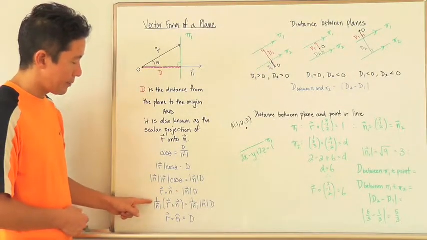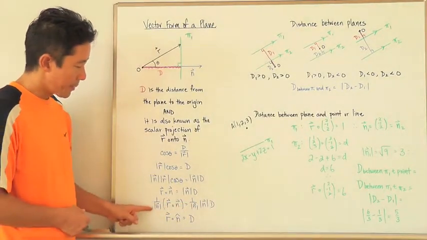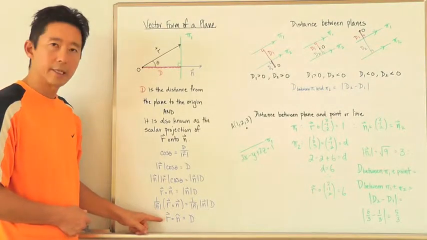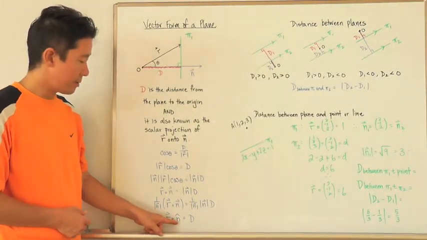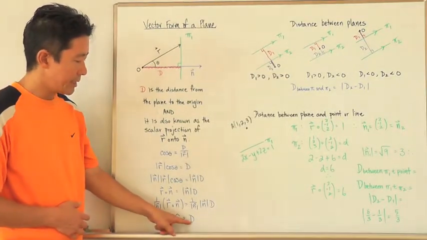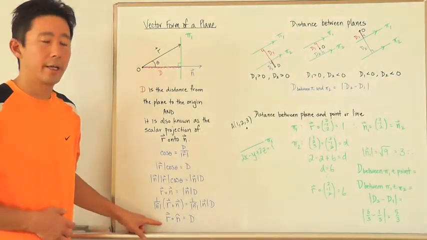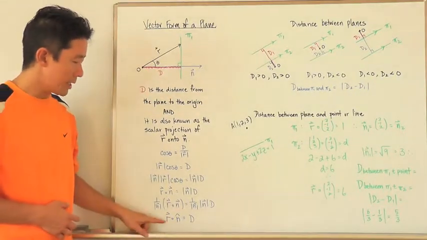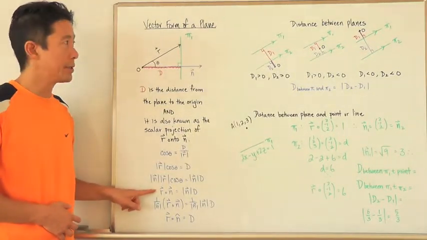Now, if we multiply both sides by 1 over the magnitude of n, on the left-hand side of the equation we come out with r dot n hat, the unit vector form of the normal vector, equaling d. This is a very important form for us, because if we want to apply it to particular applications regarding the distance from the plane to the origin, this is the form that we want to use. Of course, we could use the other form, but it doesn't give us as much information.